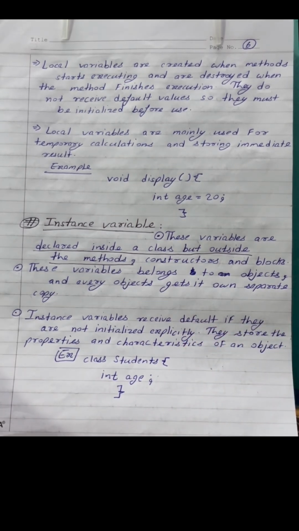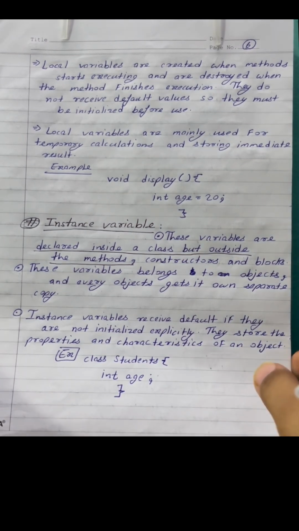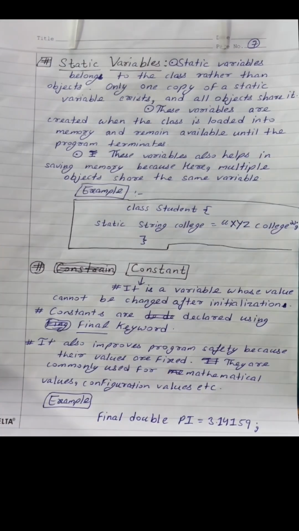Now let's move to our next topic, static variable. A static variable belongs to the class rather than objects, and here only one copy of the static variable exists, and all objects share it.